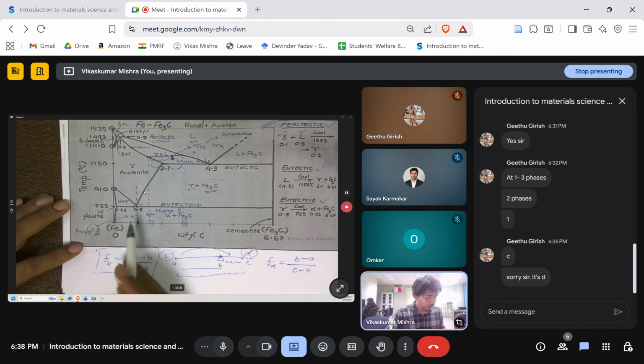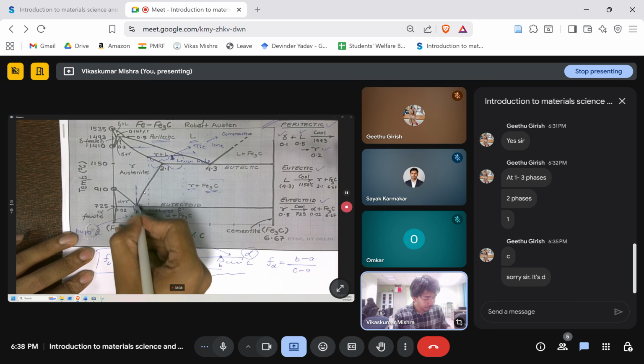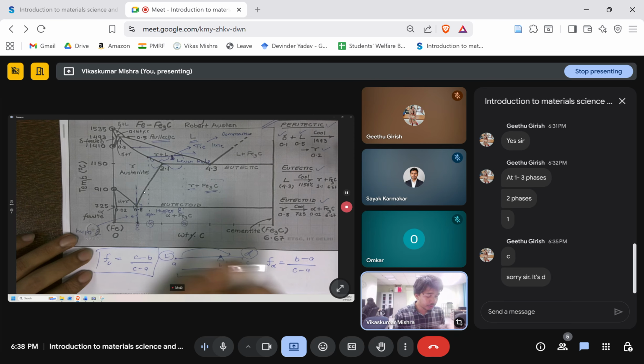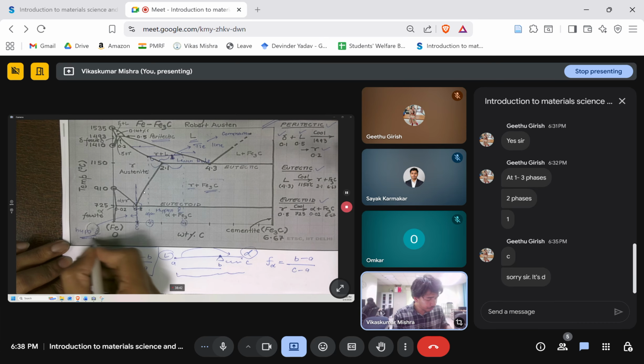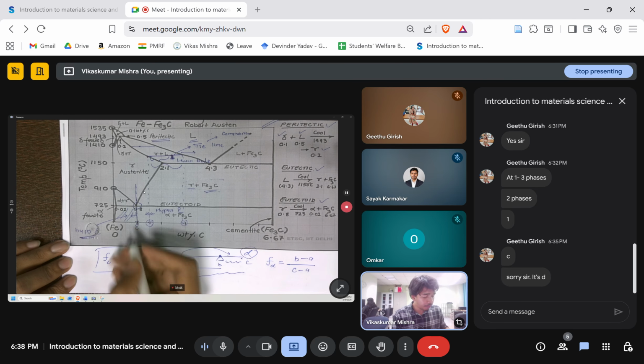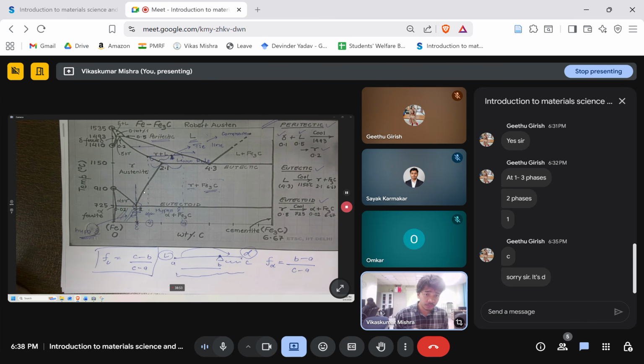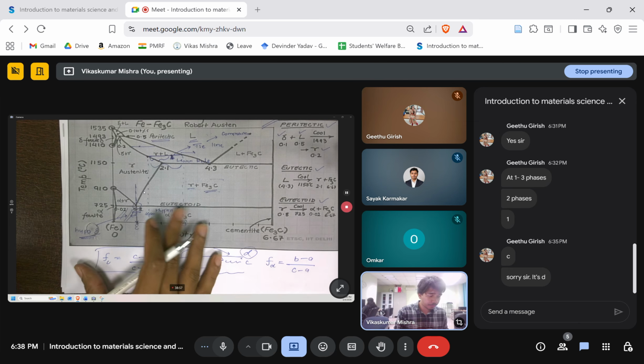So we got to know what is eutectoid steel. What is hypoeutectoid? That is this region, anything below 0.8. What is hypereutectoid? Anything above 0.8. We got to know this much information.